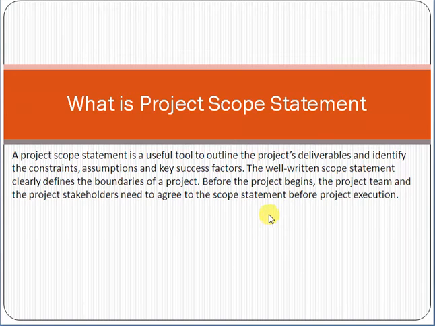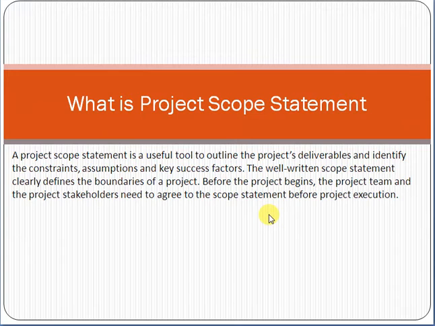Friends, let me tell you that a project scope statement means that whenever we are going to start a project, two or three parties sit together and see what scope needs to be delivered. For example, the contract has been signed and now the project is going to start. At this point, the scope statement will be decided between the implementing parties, for example the customer and the vendors.